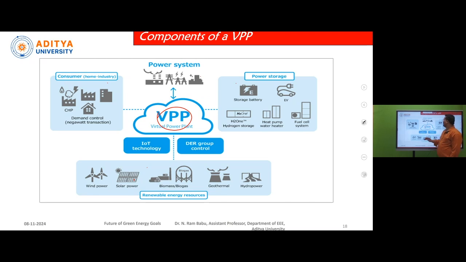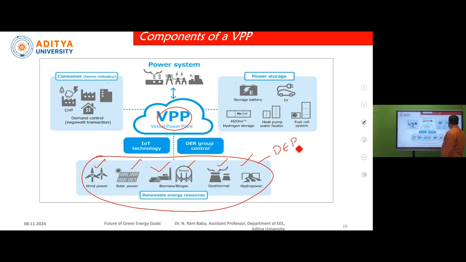The power that is generated by wind, solar, biomass, biogas, geothermal, and hydro all comes under DER, distributed energy resources. There will be an interconnection between them, that means there will be communication among all of them, and this will act as a single utility.